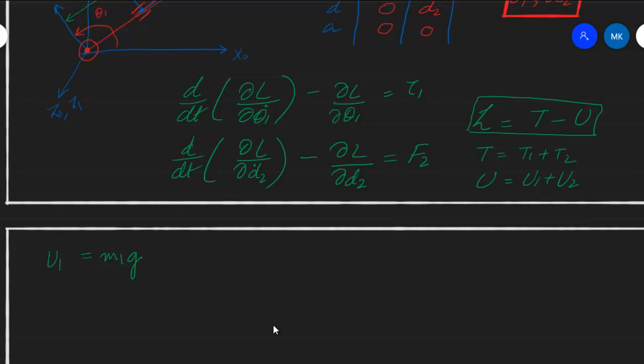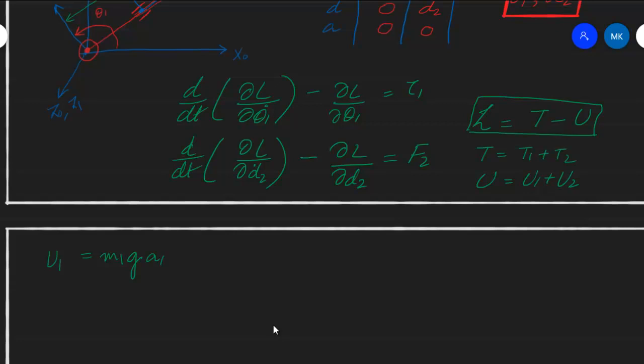We can write a1 as the length of the link, or the way Craig has defined it, a1 could be the distance from the origin to the center of mass. Let's try it this way. So let's assume that a1 is nothing but the distance from the origin of the link to the center of mass.